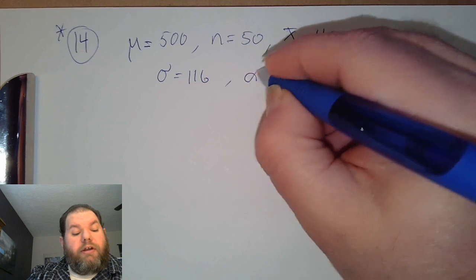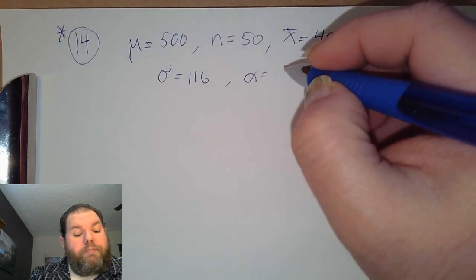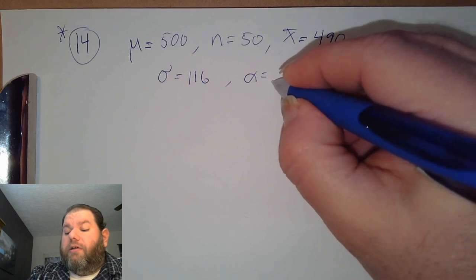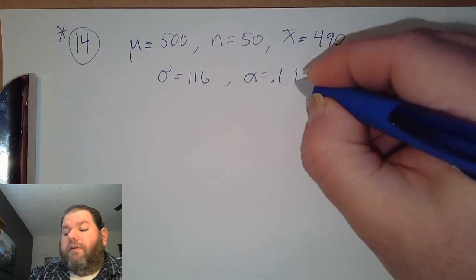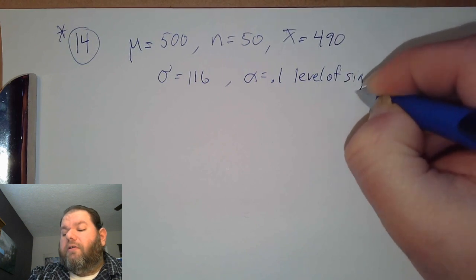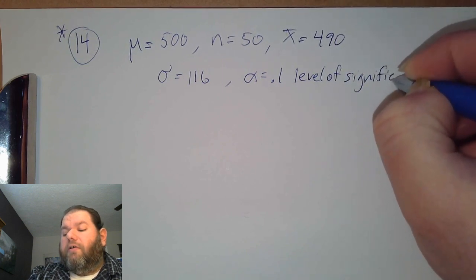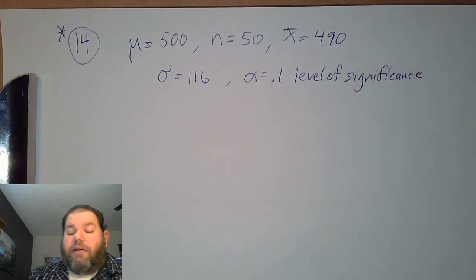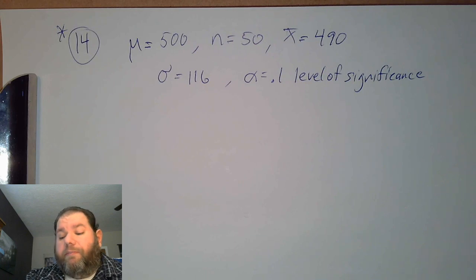And alpha equals 0.1 level of significance. Let's see if I did enough there to make it fail to reject. But anyway, let's just use these values instead and see where it goes.